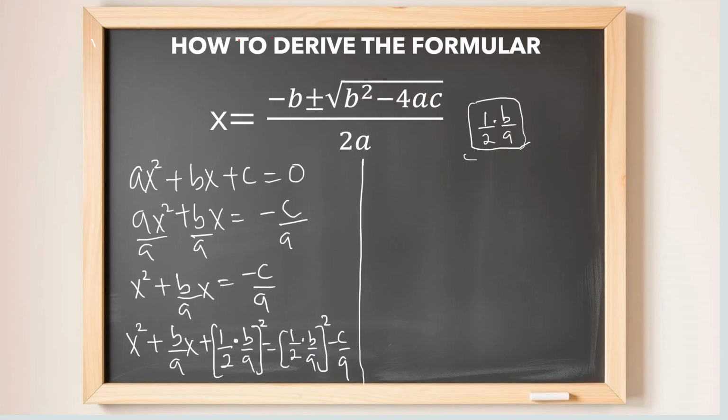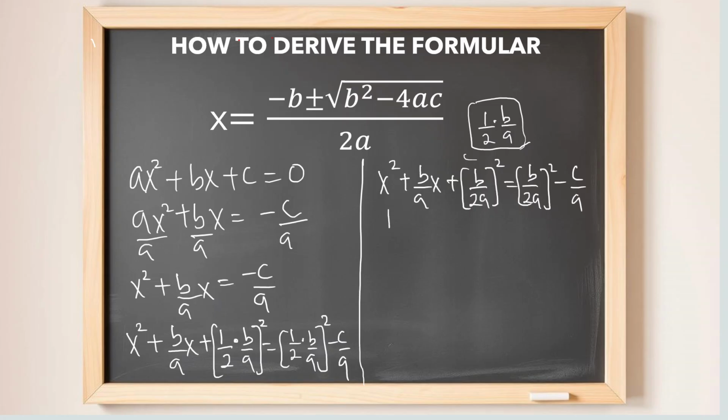Now, looking at the left-hand side, it can be written as x squared plus b over a x plus b over 2a squared equals b over 2a squared minus c over a.